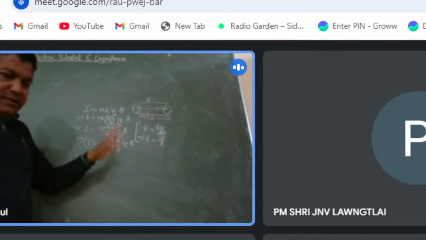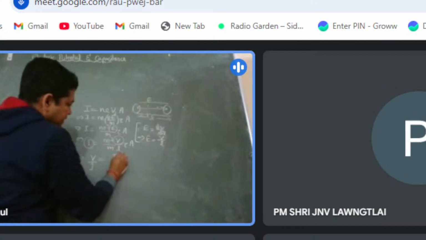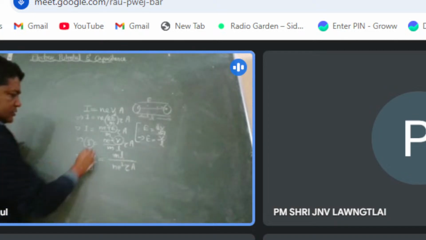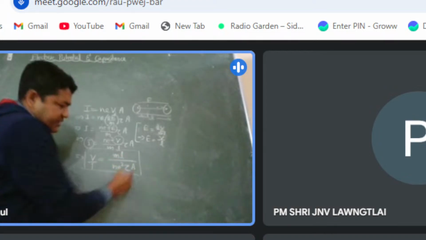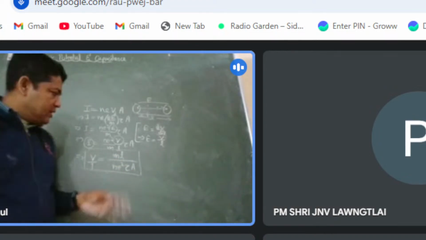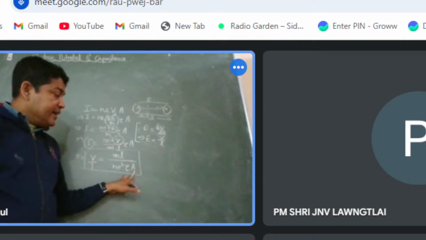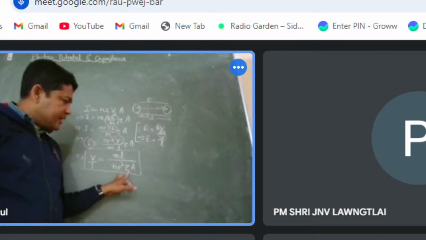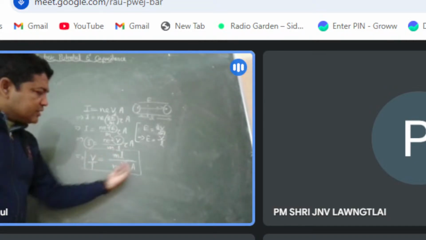Now I need to separate V and I. So I can write V divided by I. Taking I under V, everything else comes to the other side: m L on top and n A e square tau below. So here, at a given temperature and pressure, all these quantities on the right hand side are constant, because m is the mass of the electron, L is the length of the conductor, A is the area of cross section, n is the number density, e is the charge, and tau, the average relaxation time, at a given temperature and pressure is also constant.